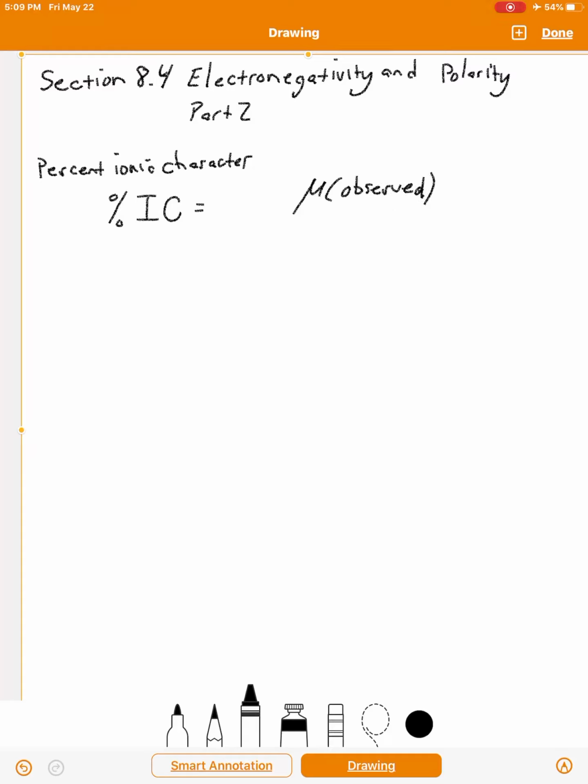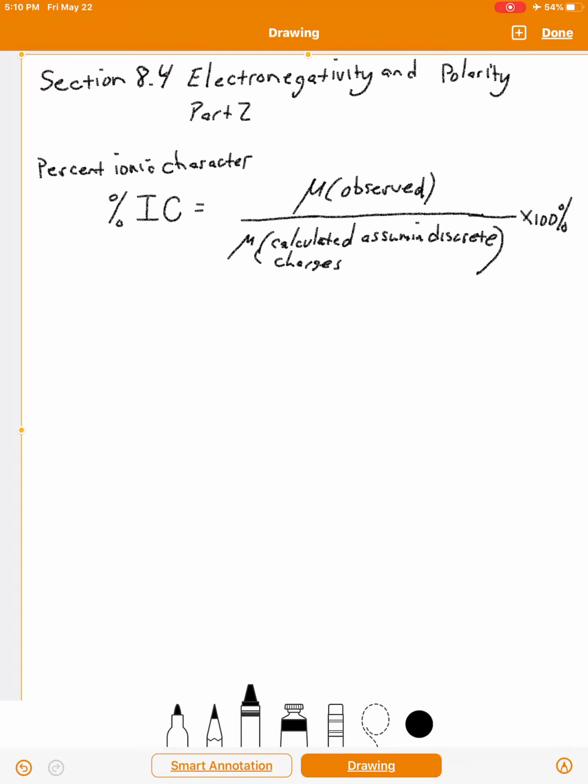Observed means you measure it, divided by the dipole moment that's calculated assuming discrete charges. Okay, I'll have to talk about what I mean by that. Times 100%. Okay? Now, what is this percent ionic character?